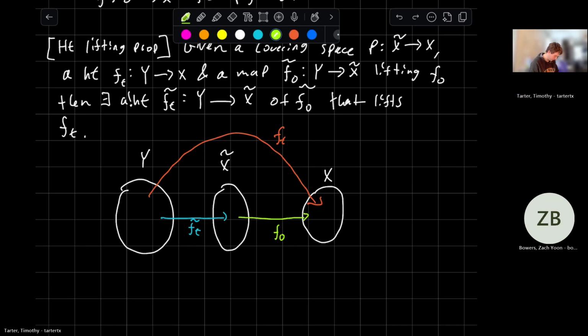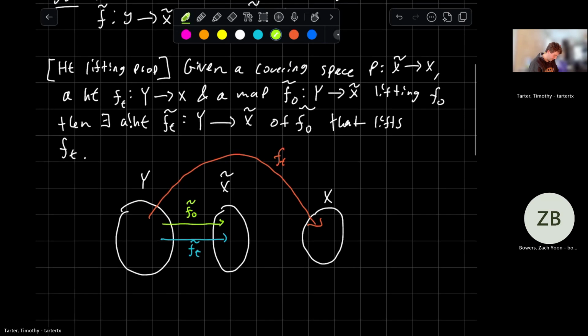Wait, what? Of a homotopy and a map. What's f naught? Am I dumb?